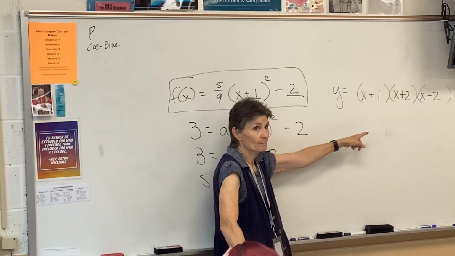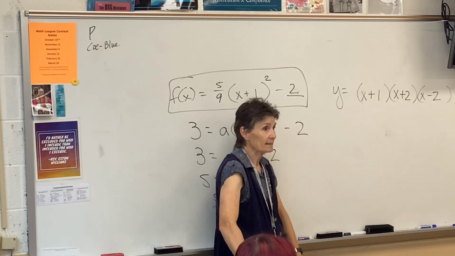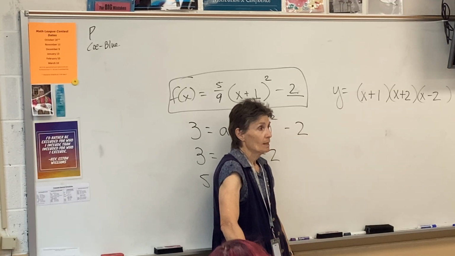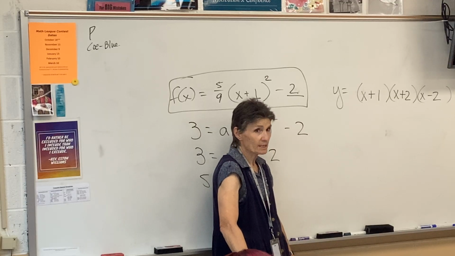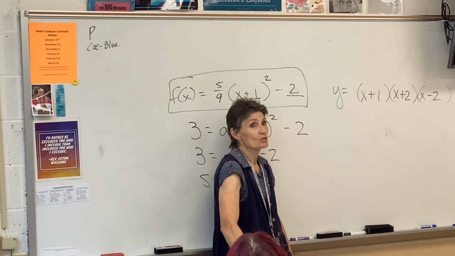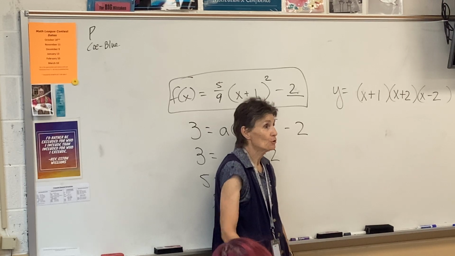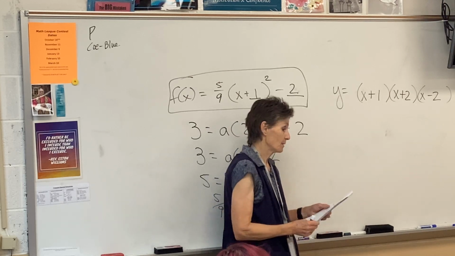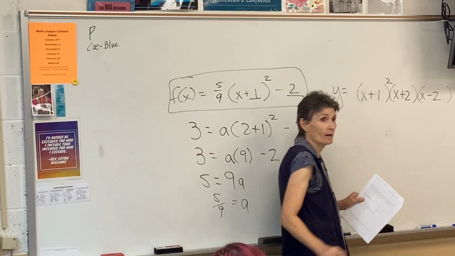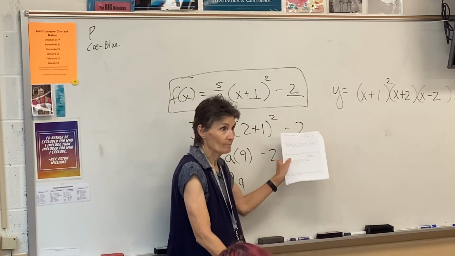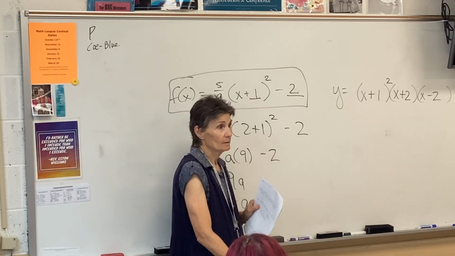Everybody got it? What is the second thing I need to do? I don't plug in the x and y first. First, I have to plug in my squares. Do I have any squares? On the very first one, right? The first one I wrote down, x plus 1.